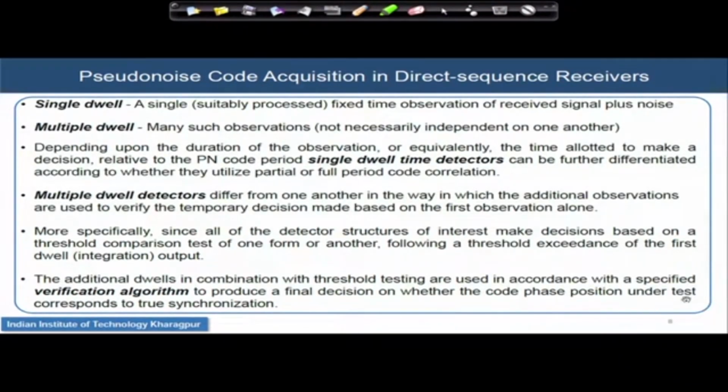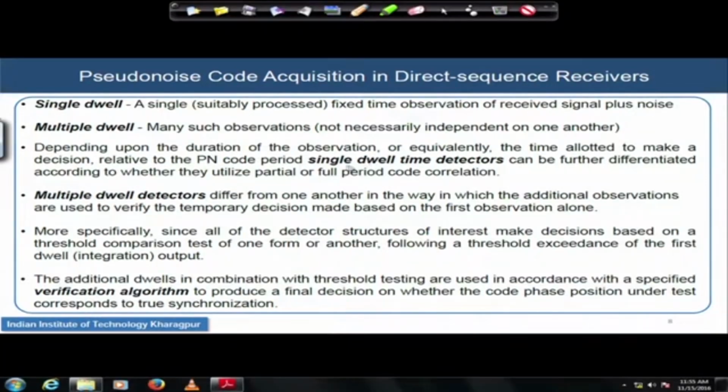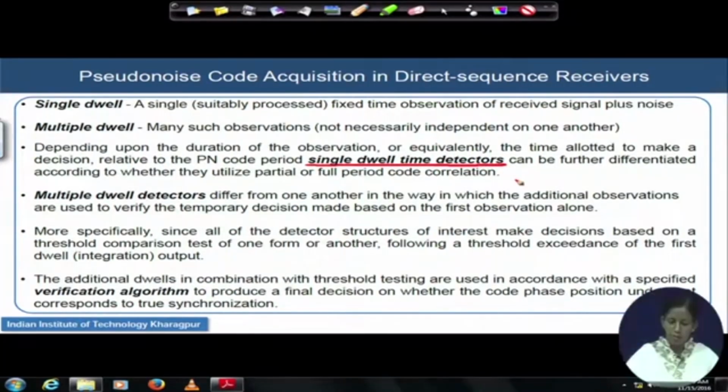Single dwell time detectors can be further classified based on whether you use the full time period of the code for the correlation, or a part of the time period of the code and take the decision based on the partial observation of the code duration.